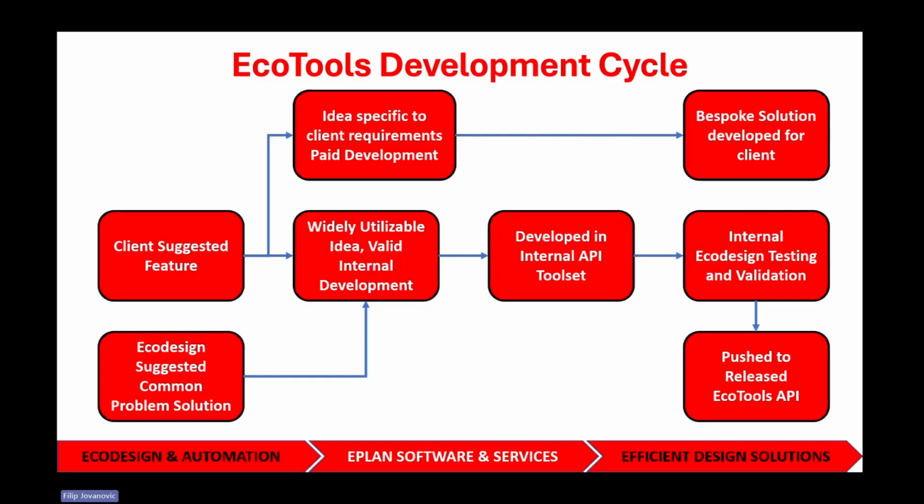So the way we decide to add anything to EcoTools is with this cycle. First, the client will come to us with a feature. They might say, hey, can you make an API that does X and Y? And then we would have to make a judgment.